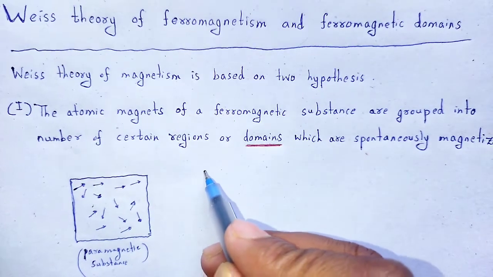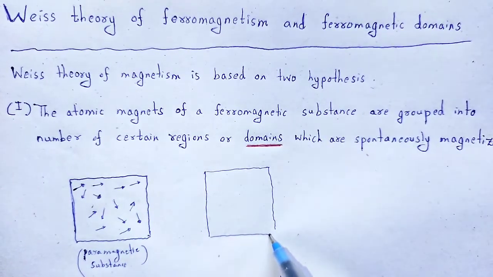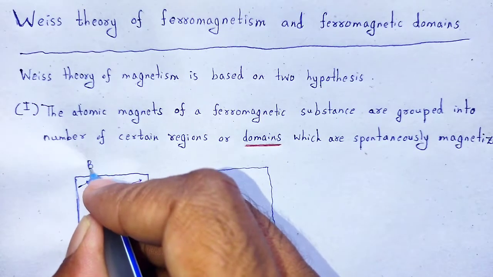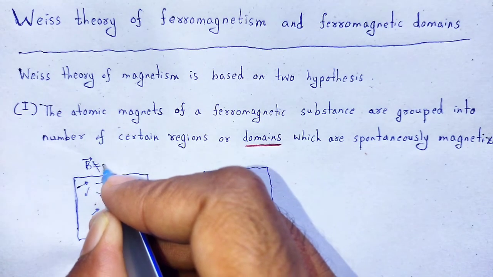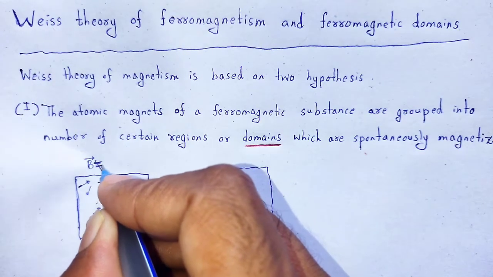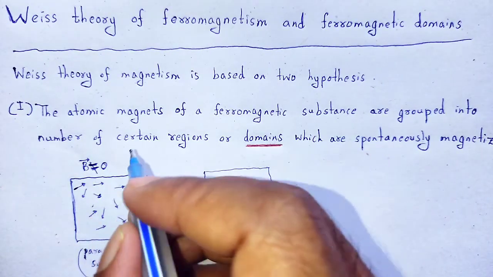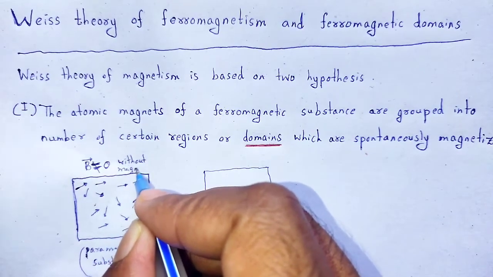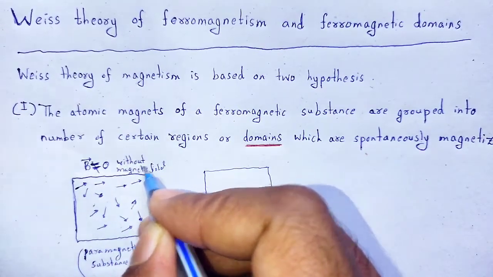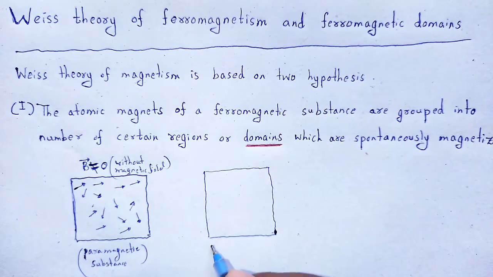But in the case of a ferromagnetic substance, without the application of a magnetic field, B naught is equal to 0, B vector is equal to 0.